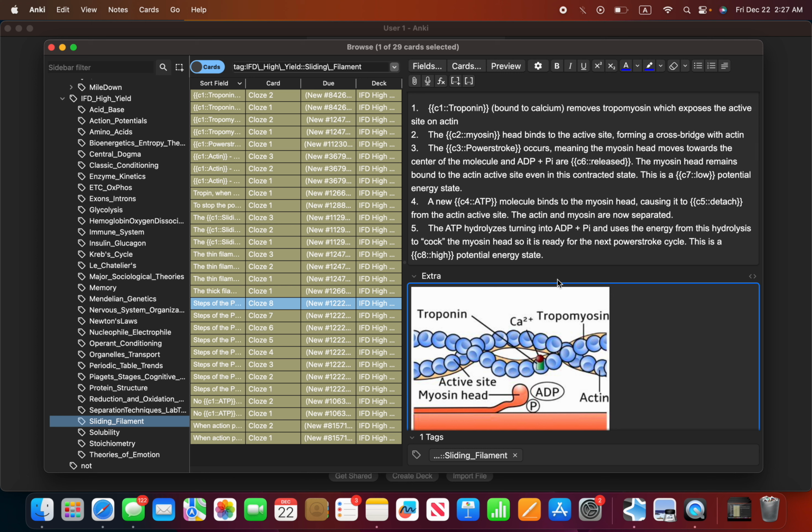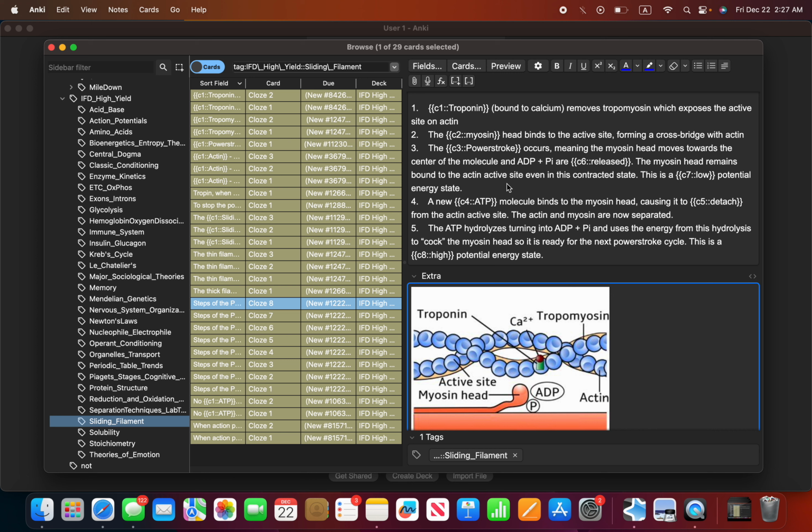ADP plus inorganic phosphate is released. The myosin head remains bound to the actin active site, even in the contracted state. So when your muscles are contracted, your myosin head remains bound to the actin site, right?